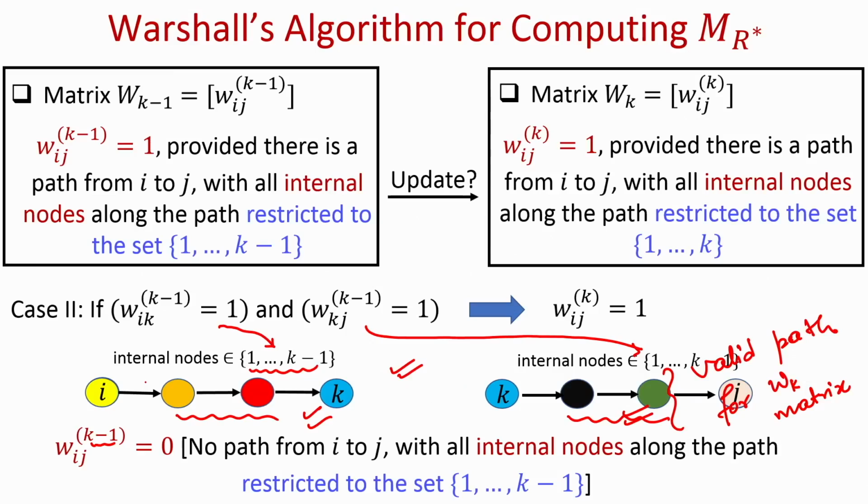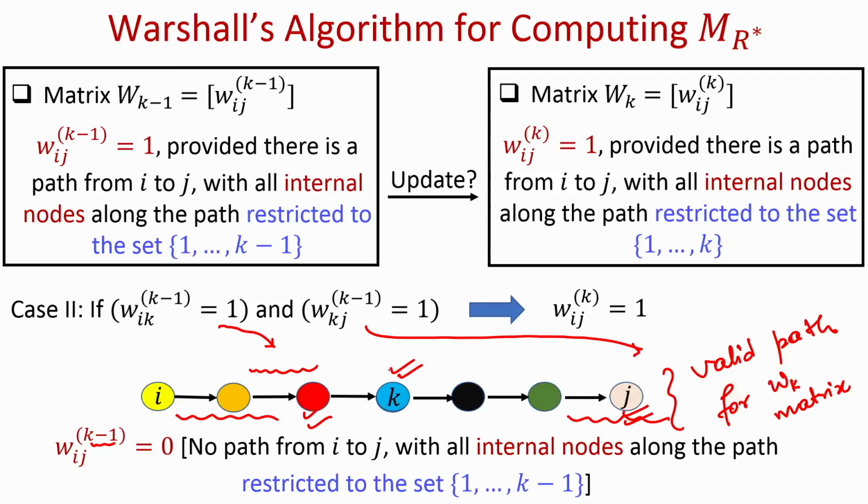So, intuitively what I am saying is that in the absence of intermediate node k, there was no path from the node i to node j, but as soon as I include the possibility of having node k as a valid intermediate node, I can say that a path from i to j is there, provided there is a path from i to k and individually a path from k to j, which is equivalent to checking the conjunction of these two conditions.